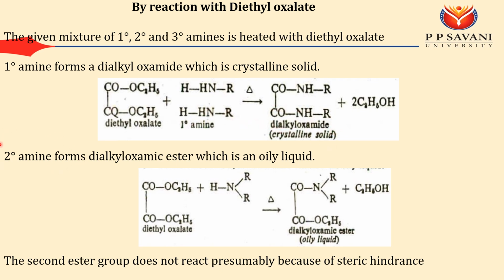Similarly for a secondary amine, reacting with diethyl oxalate, one hydrogen is present, so it directly attaches, and I will get alcohol as my byproduct. The dialkyl oxamic ester is an oily liquid, and here I will get a crystalline solid. The second ester group does not react because there is no other hydrogen.